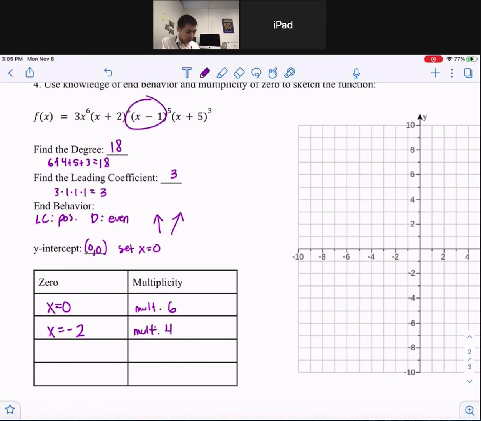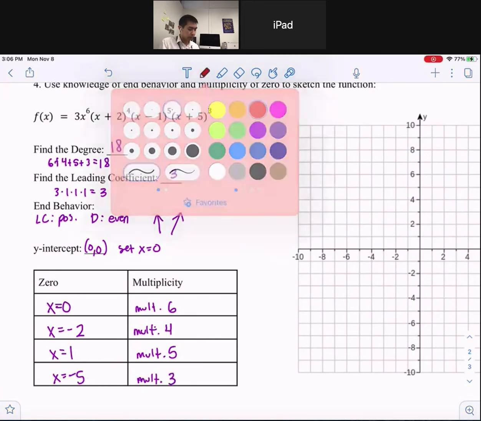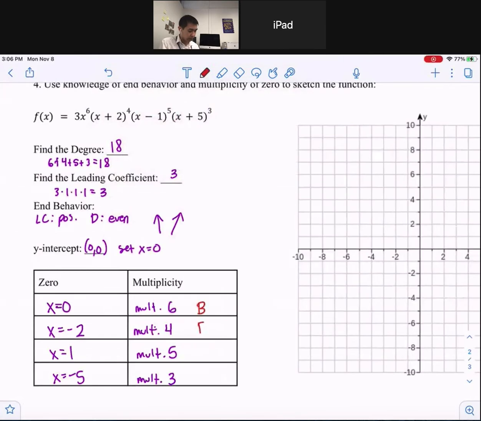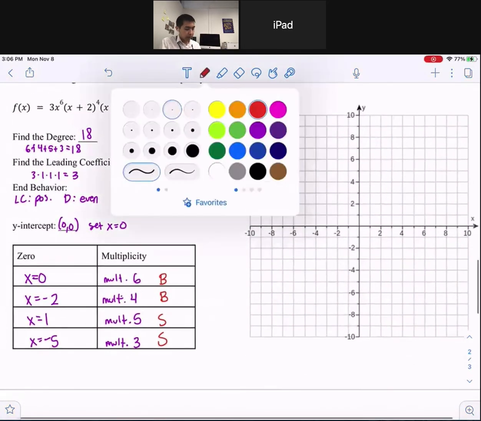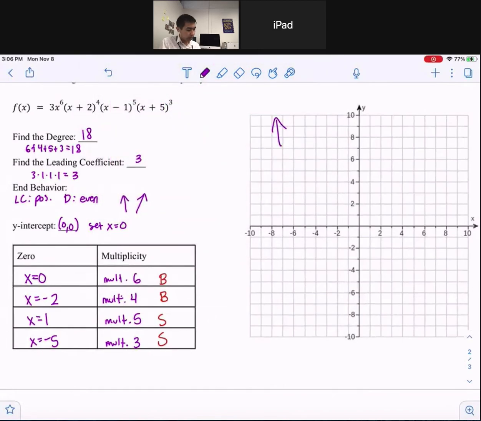Here, if x was equal to 1, multiplicity of 5. And here, if x was equal to -5, multiplicity of 3. So at our even multiplicity, guys, those are bounces, and our odds, those are slides. It's only a cross when it's multiplicity of 1. So end behaviors, up and then up.